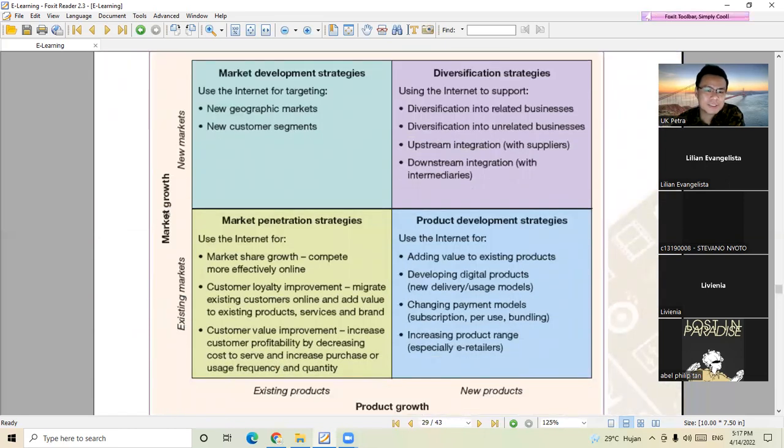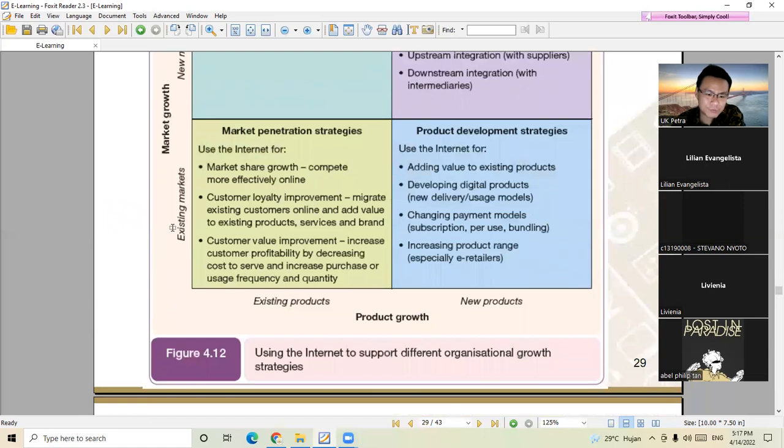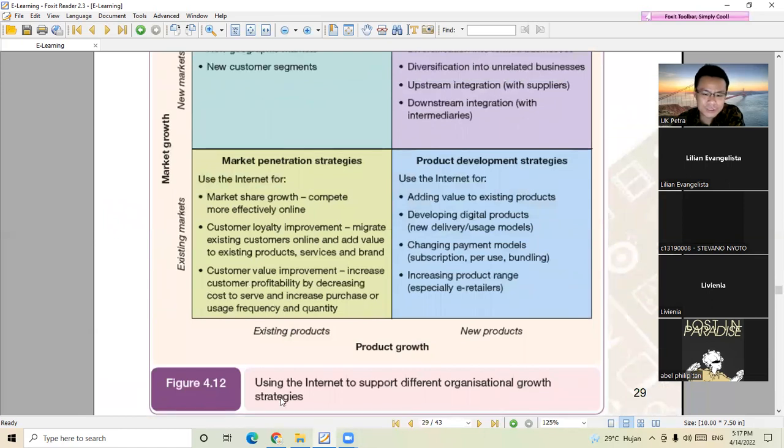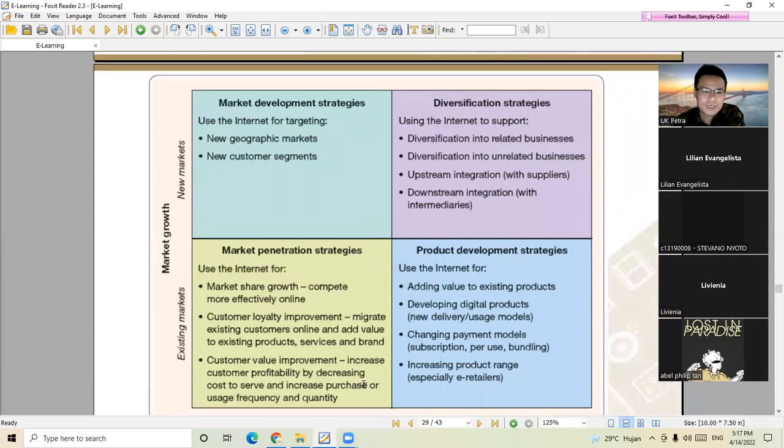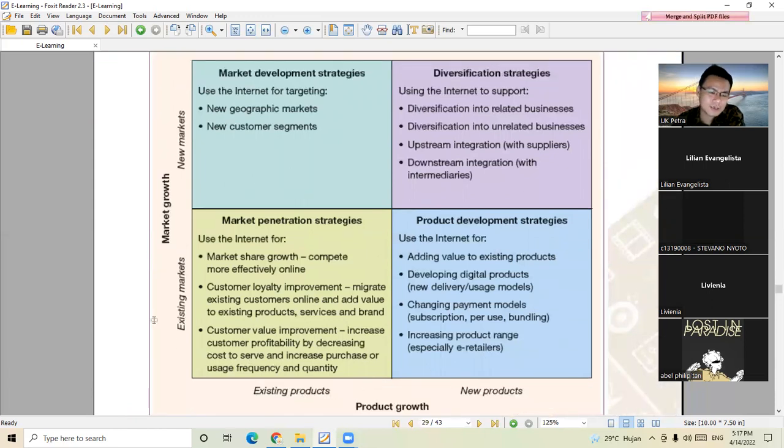This is figure 4.12, how to use the internet to support different organizational growth strategies. You can see the x-axis is the existing products and the new products, and the y-axis is the existing markets and the new markets.